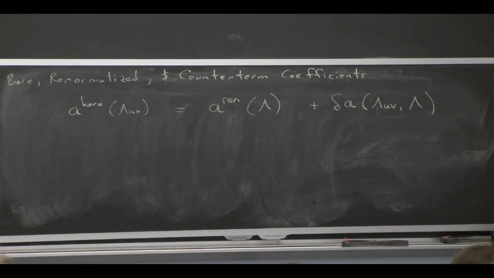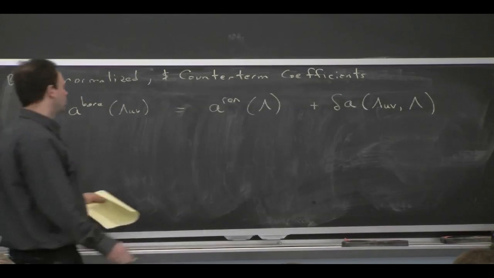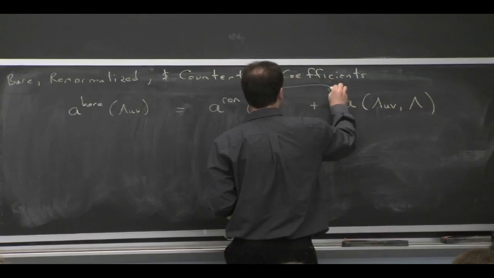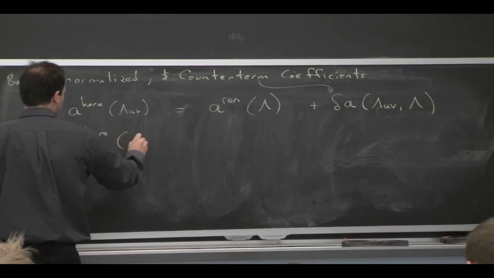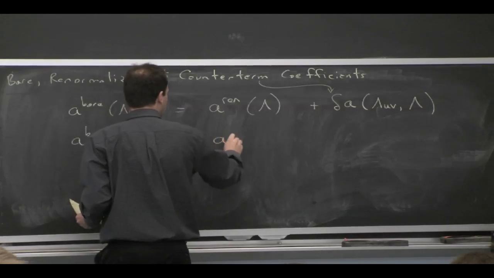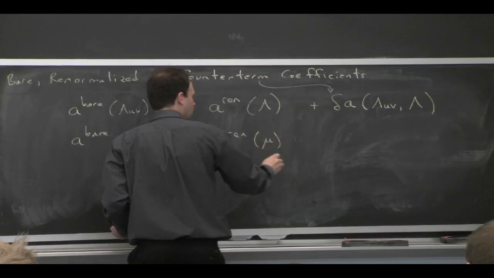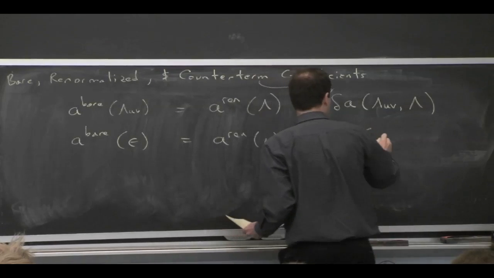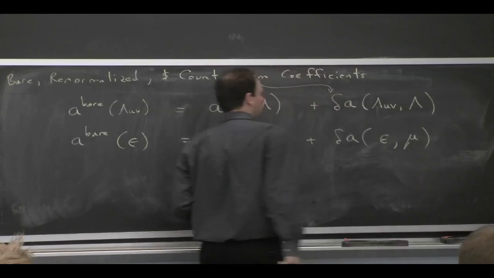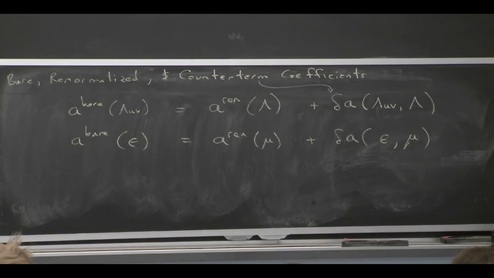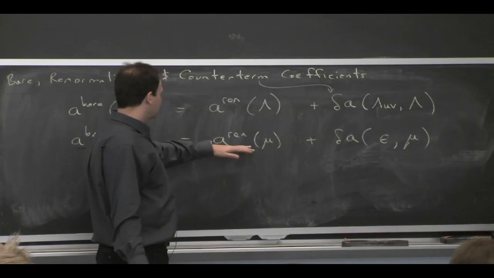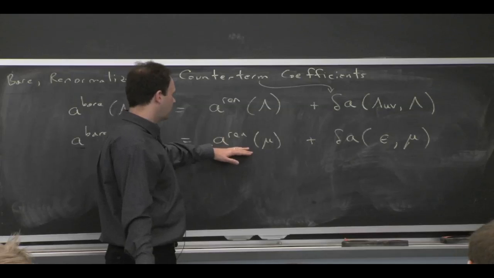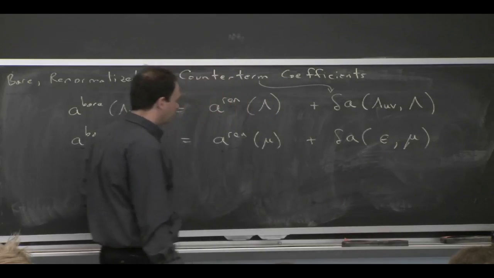So that's how it would look if you wrote that down for a cutoff in a Wilsonian sense. If you wrote it down in dimensional regularization, it would look like this. Same idea, different names for the parameters. OK, so in dimensional regularization, epsilon is the ultraviolet regulator, shows up in the bare coefficients. The renormalized ones don't depend on epsilon anymore, and these are your 1 over epsilon poles.